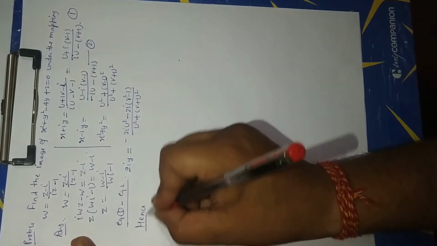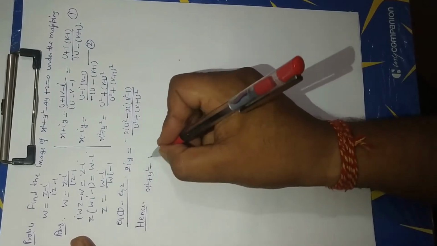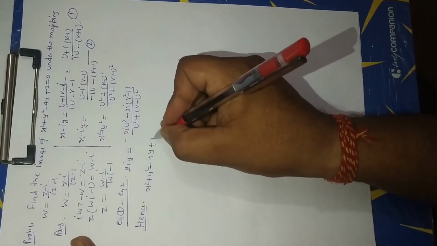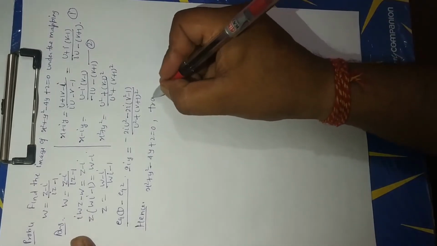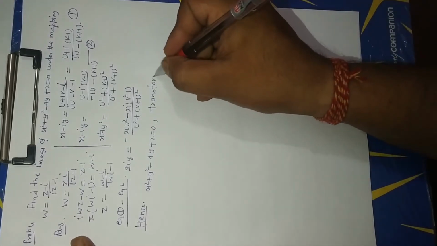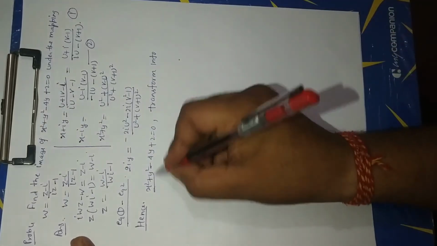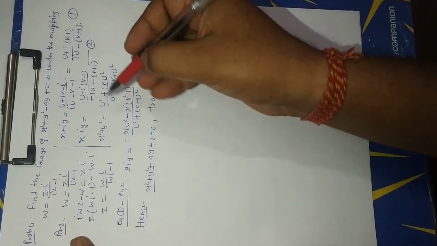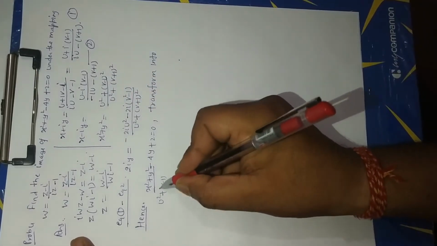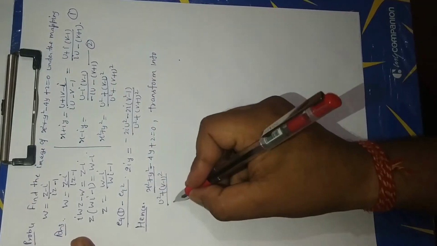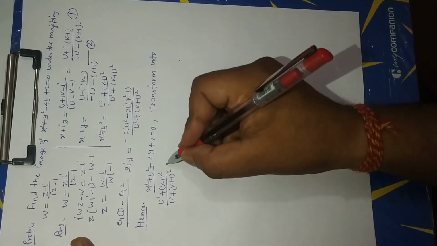Hence x square plus y square minus 4y plus 2 equal to 0 transforms into: the value of x square plus y square is equal to u square plus (v minus 1) whole square upon u square plus (v plus 1) whole square.